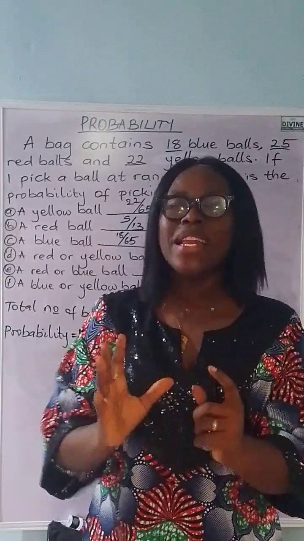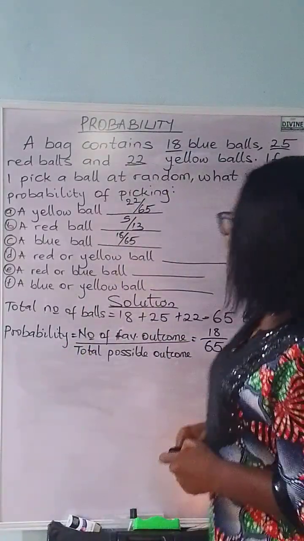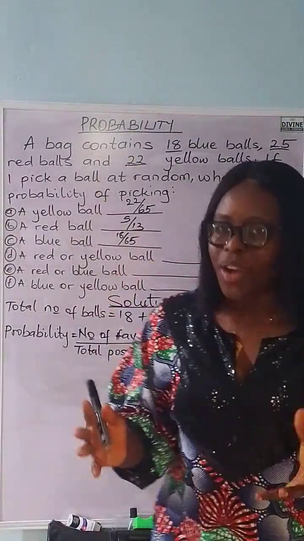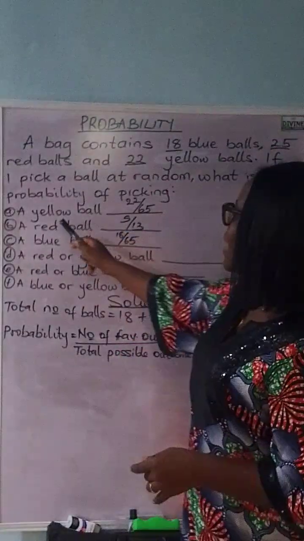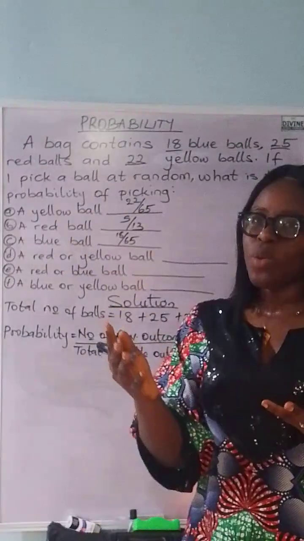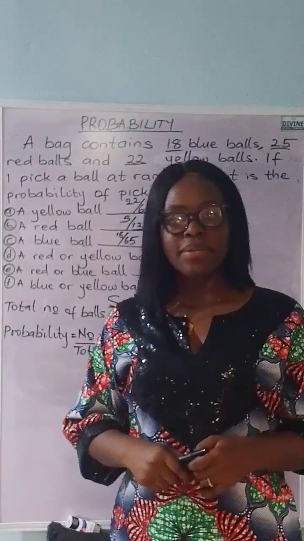It deals with how many favorable outcomes we have. Now the question is, a bag contains red, blue and yellow balls. We know that the probability of picking a yellow ball is the total number of yellow balls over the total number of balls in the bag.